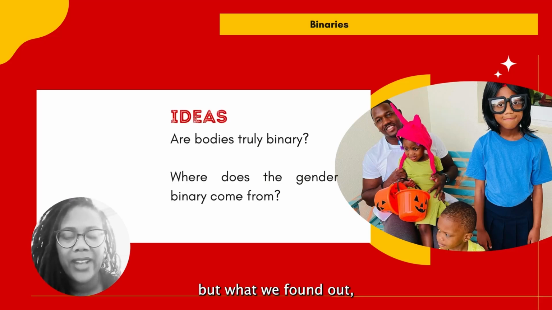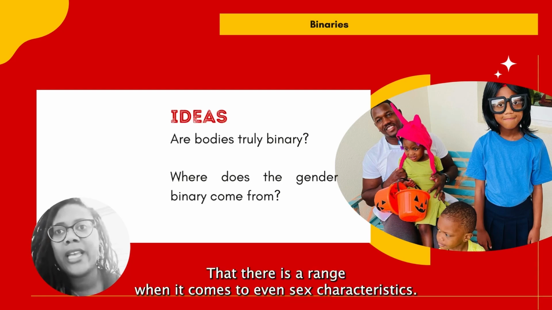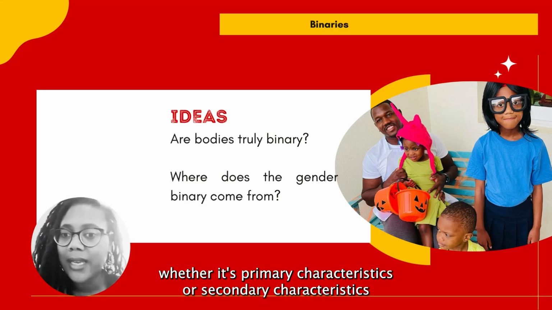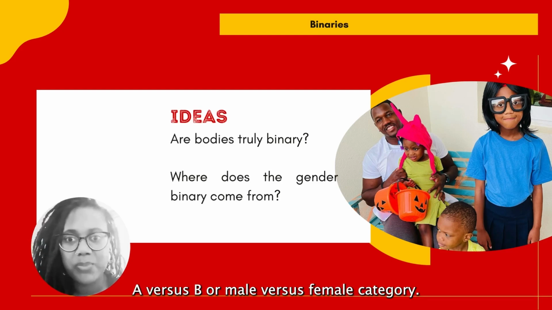But what we found out and what we've known for a very long time is that bodies truly are not binary, that there is a range when it comes to even sex characteristics, right? Whether it's primary characteristics or secondary characteristics, not everyone fits neatly into this A versus B or male versus female category.